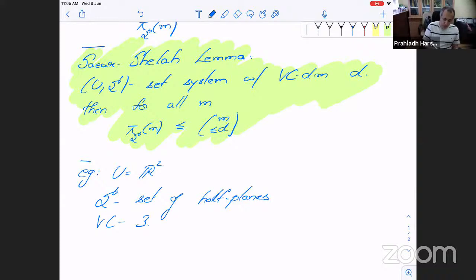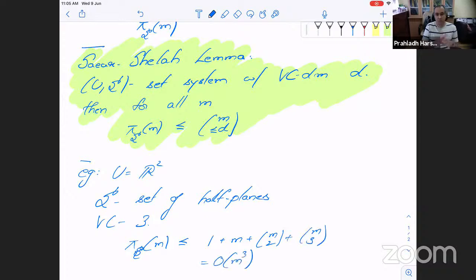For this particular thing, this is less than or equal to m choose 0 plus m choose 1 plus m choose 2 plus m choose 3, where m choose 0 is 1. So this is of the order of m cubed. That's the only number of ways. If you take a hyperplane, that's the only number of ways in which you can break it. You cannot break it more than that.